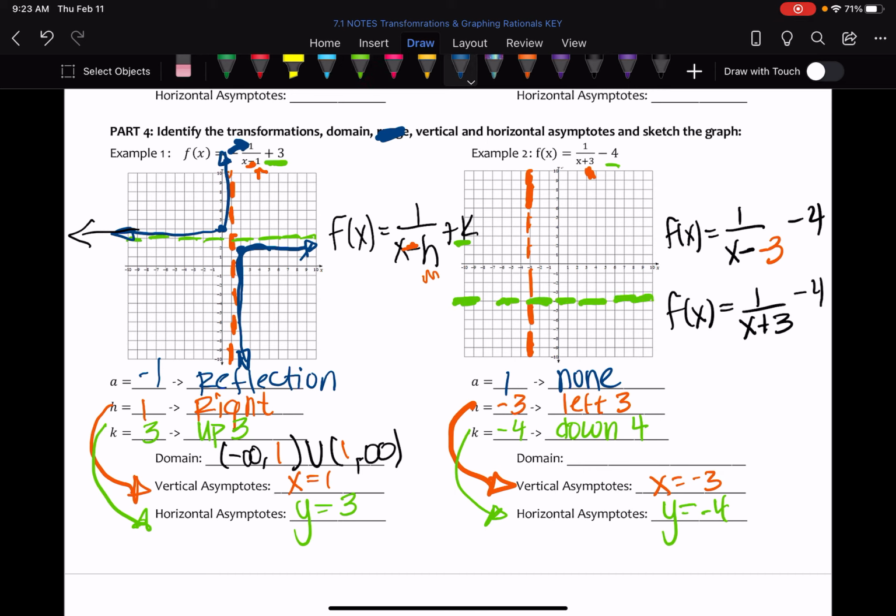My a is positive, so we're going to start in this top right, from where my asymptotes intersect. I'm going to go to the right 1, up 1, and try my best to draw a curve. Then go in the opposite direction, down 1, to the left 1, and draw my curve. All right, I want you to try the next couple of examples and then check on the key.